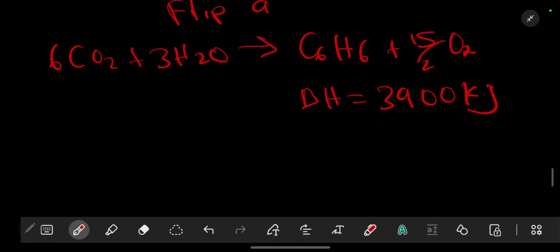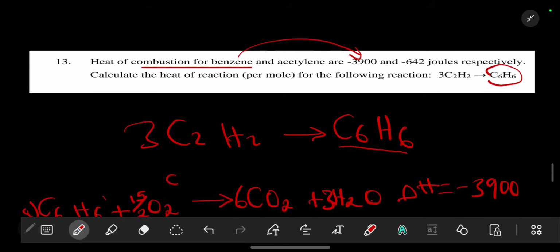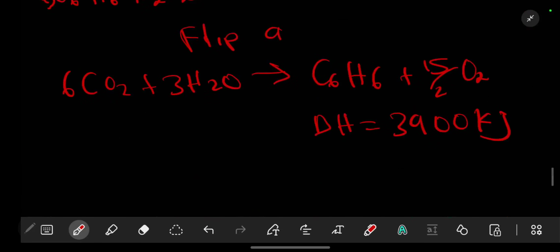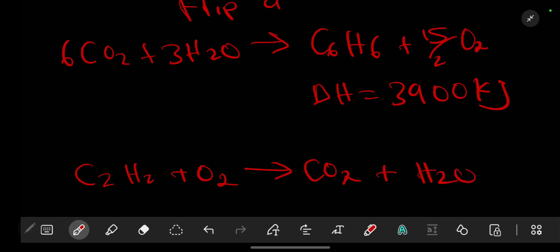Then after we have done that, we are going now to deal with this one. So this one also, acetylene, which is our C2H2, will burn in oxygen. So C2H2 will burn in oxygen to produce carbon dioxide plus water only.